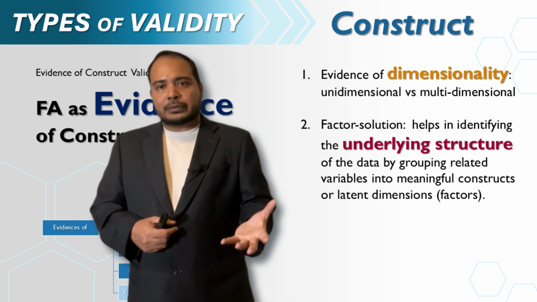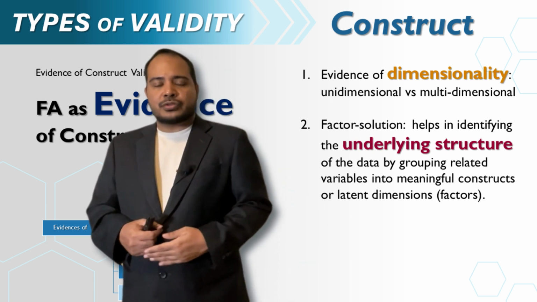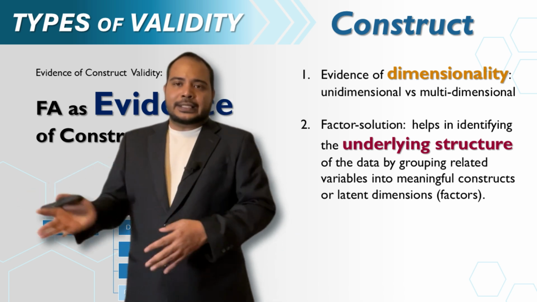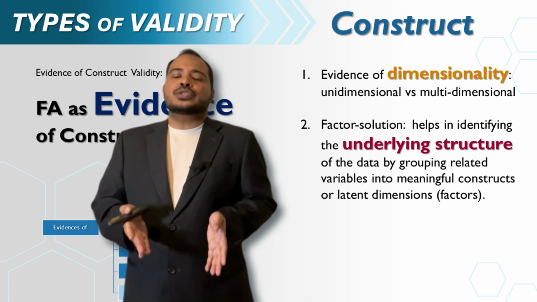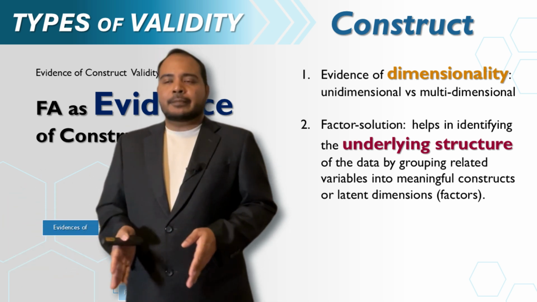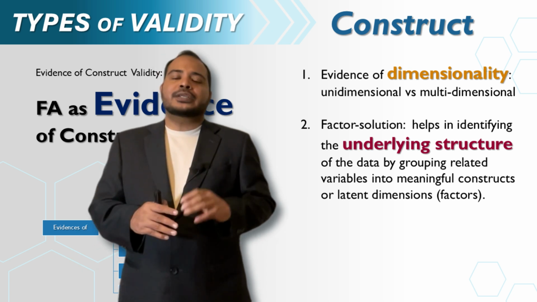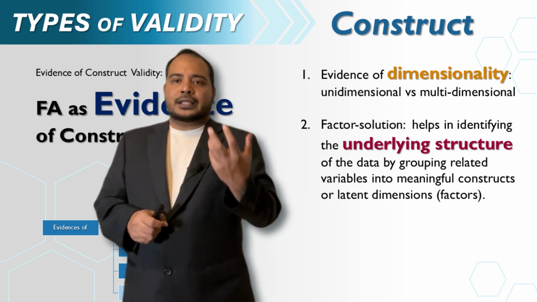If we conceptualize motivation as a multi-dimensional construct containing three components, the factor structure should show us it is multi-dimensional. This relates to the second evidence, which is factor solutions.